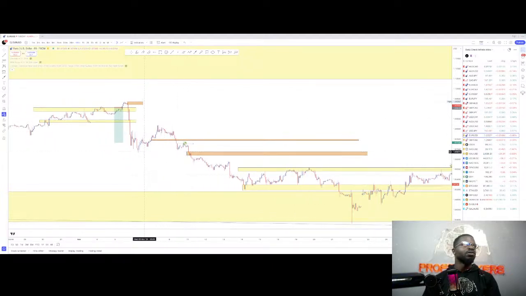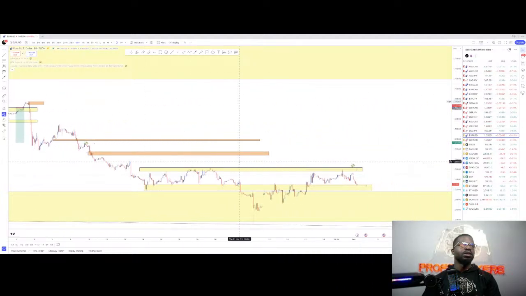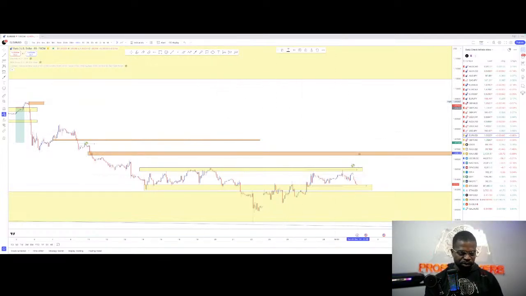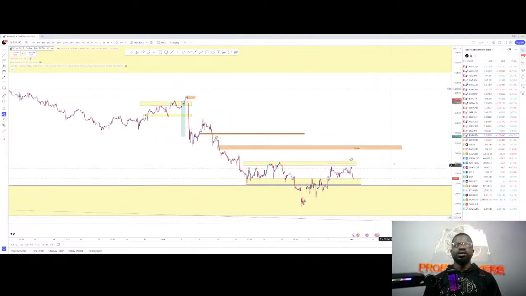Okay, retested a structural level that was broken. All right, let's see it. So this would be it as far as the euro pairs. I set an alert beneath this area here because that would also be a break of the trend line.